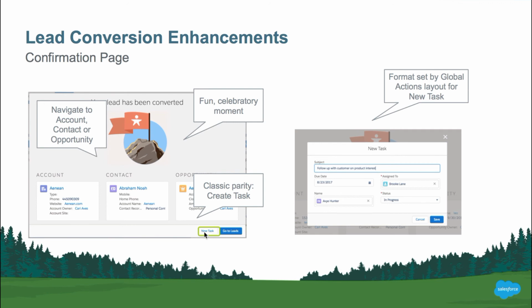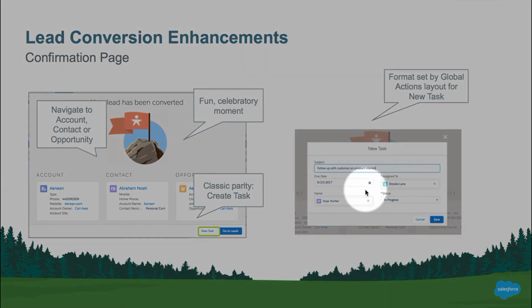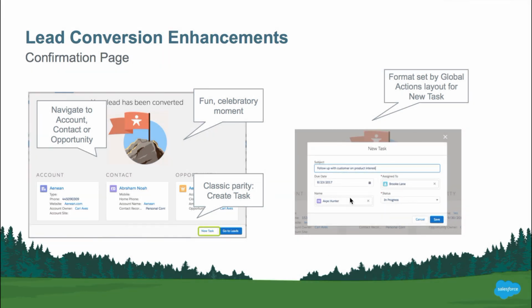If we click on the button to create a new task, we will see, just like we have on the screen on the right-hand side, the new task screen. And that screen can be customized based on your global action layouts that you have in your Salesforce configuration. So if you need to display additional fields, you can absolutely control that through the global actions.